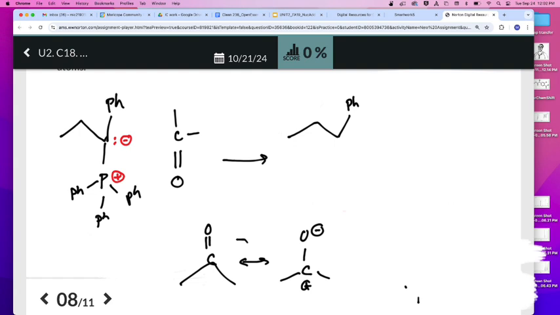What do I mean by fully swaps out the oxygen? Well, if we were to think through this mechanistically, negative to positive, this is going to create a four-membered ring. Four-membered rings stable? No. So what happens? It immediately breaks.